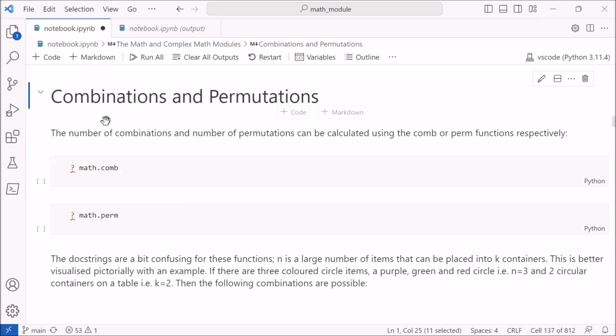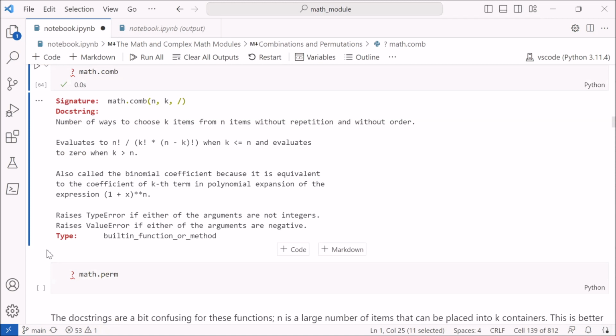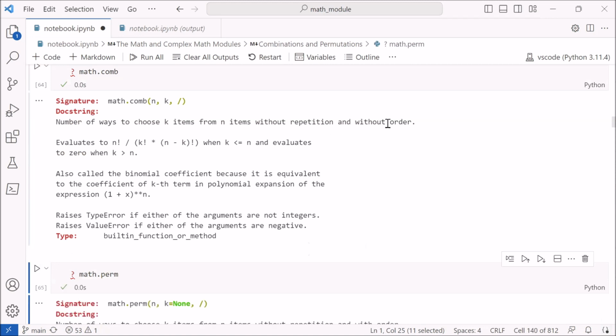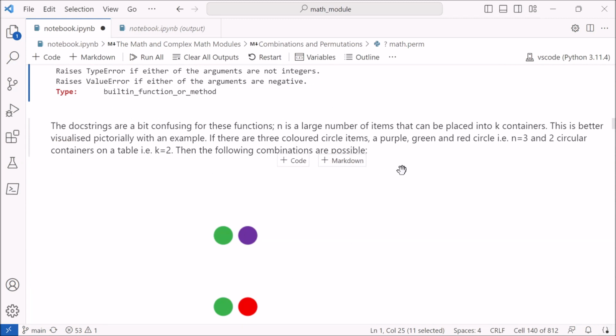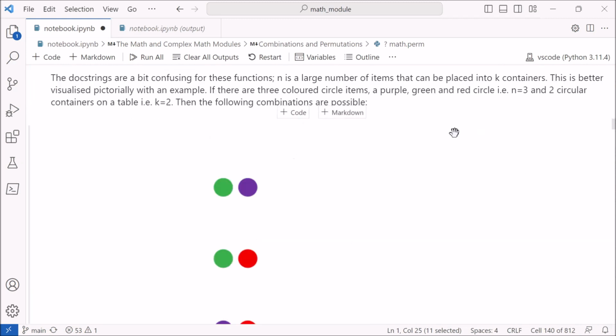So next is the concept of combinations and permutations. The number of combinations and the number of permutations can be calculated using the math.comb or math.perm functions respectively. The doc strings of these may be a bit confusing when you first see them. However, it's better to visualize something pictorially.